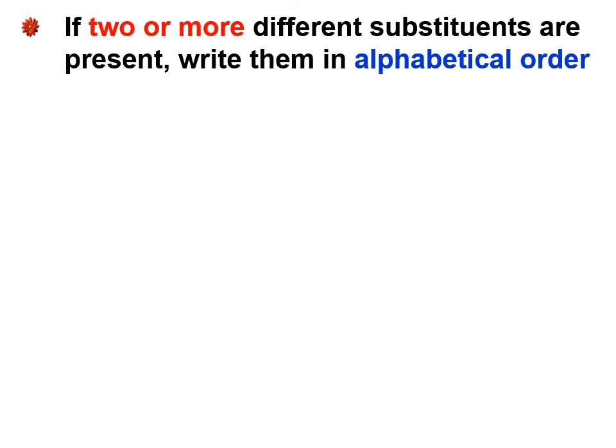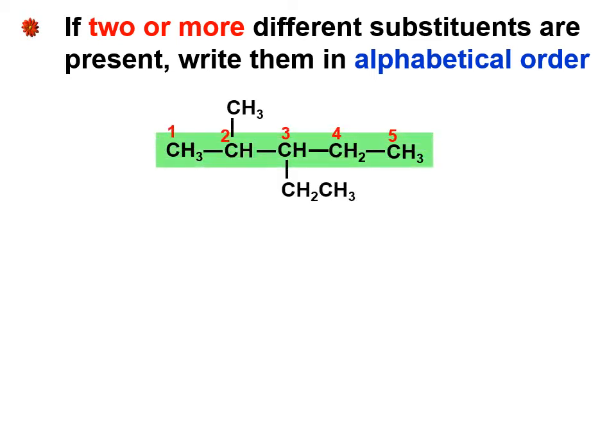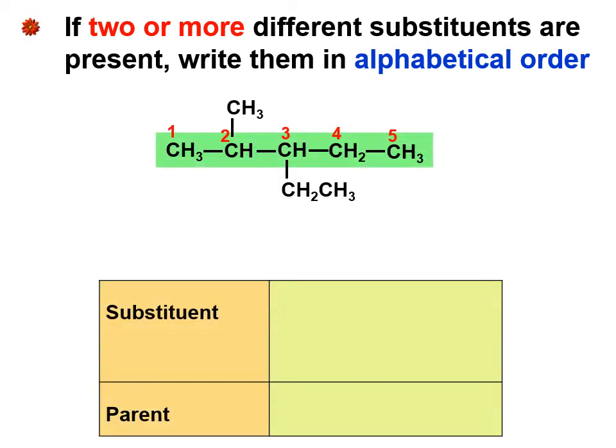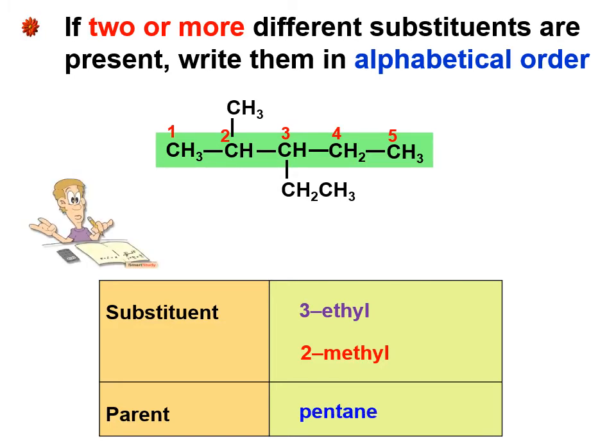If two or more different substituents are present, write them in alphabetical order. Example: the substituents are ethyl at carbon 3 and methyl at carbon 2, the parent is pentane, and the alkane name is 3-ethyl-2-methylpentane.